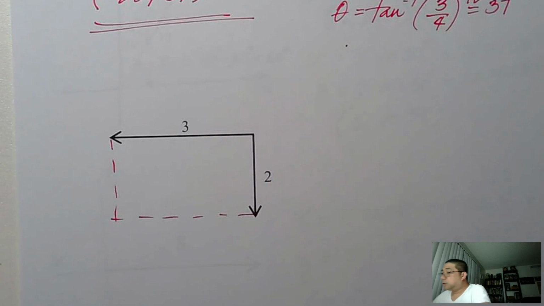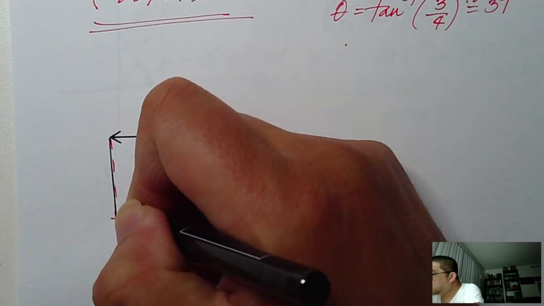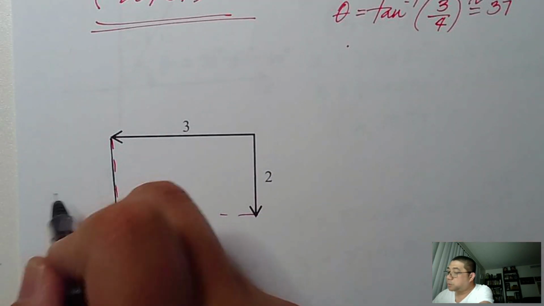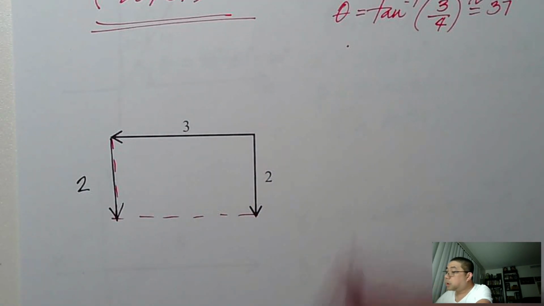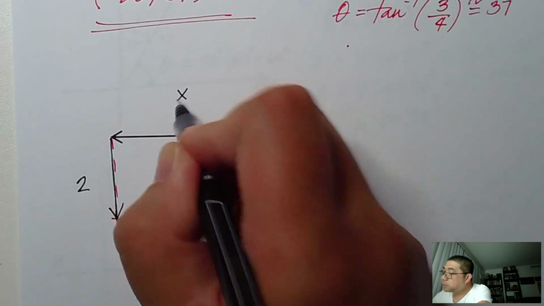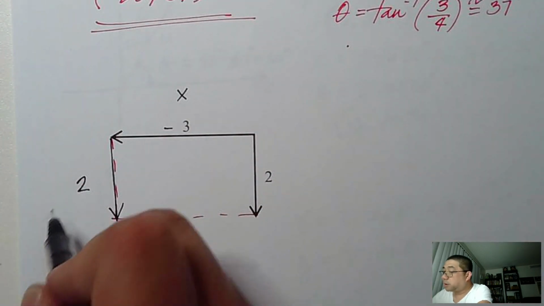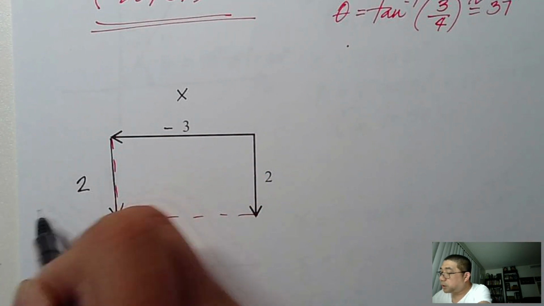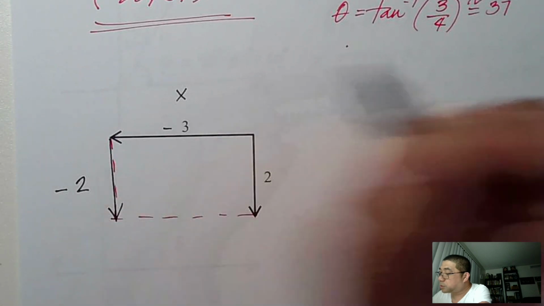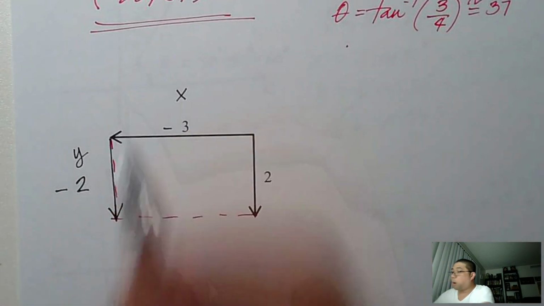Okay, so now let's draw this. So this will be 2. This is your x component. It's just -3 because it's moving to the left, while this one is -2 also because it's going downward, so that's your y component.